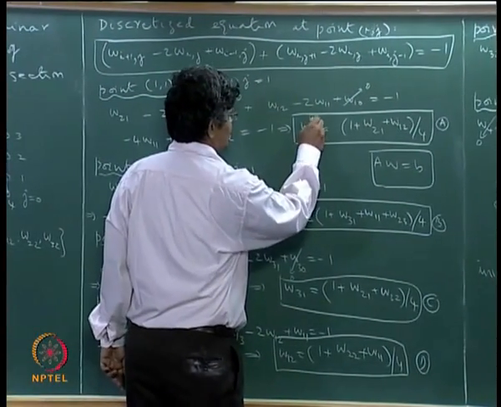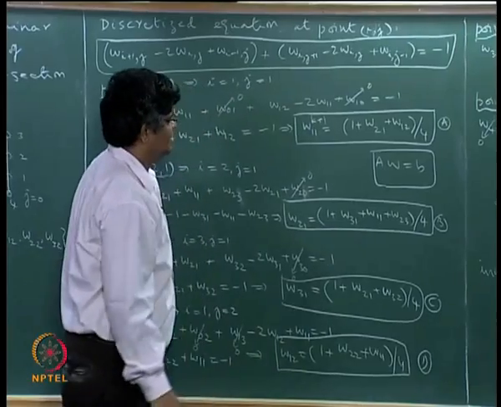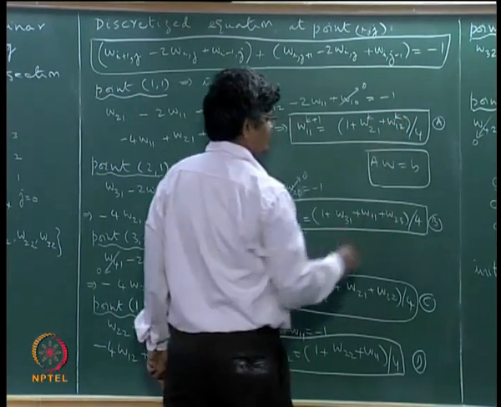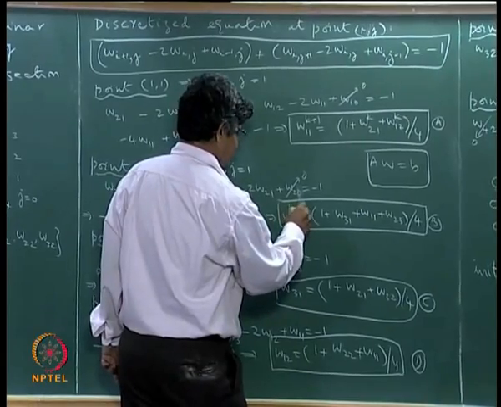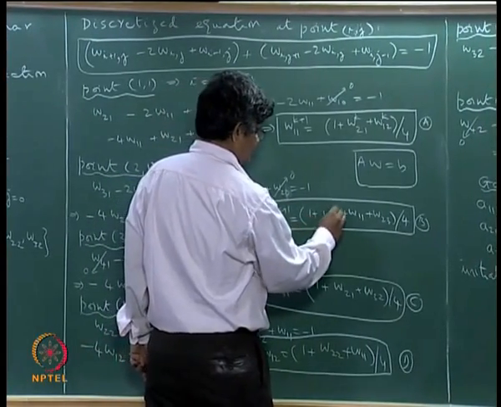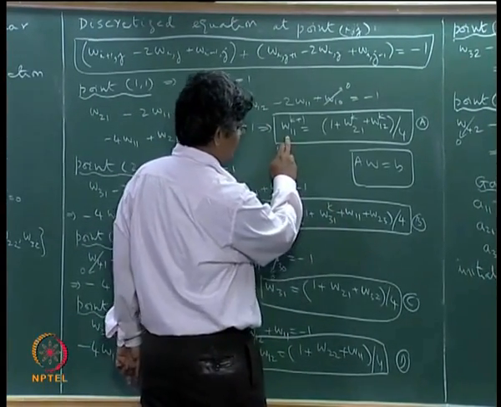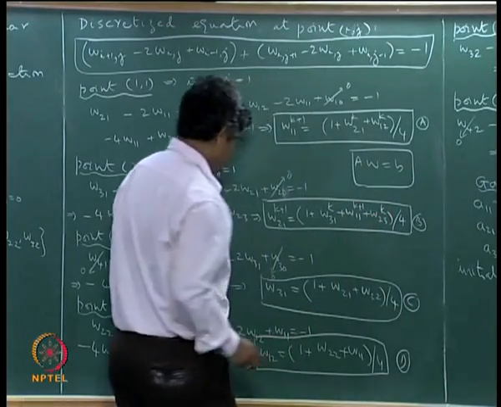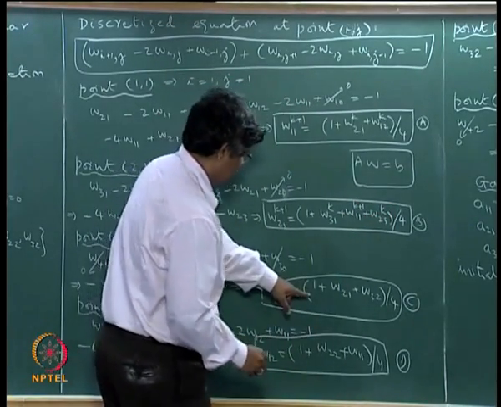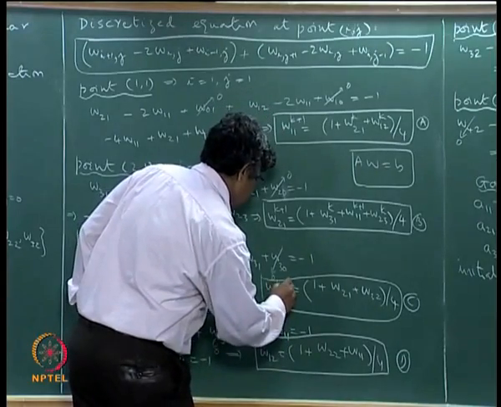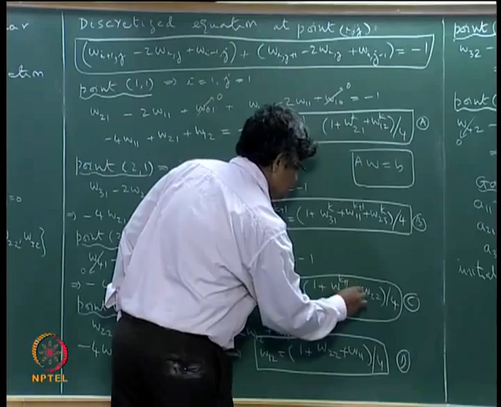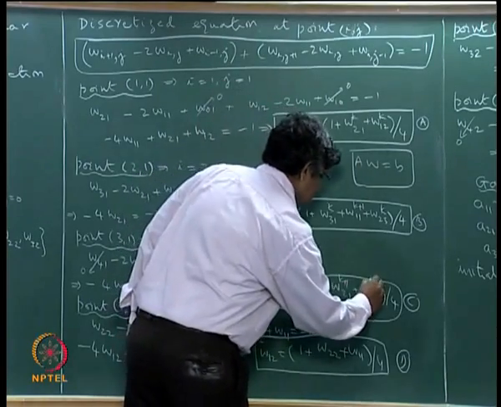So we can say that W11 k plus 1 is W2 k, this here is k plus 1, and we already have k plus 1, so we can put k plus 1 here, this is k. Here W31 k plus 1 is W21, we have k plus 1, W32 we do not yet have, so this has k.